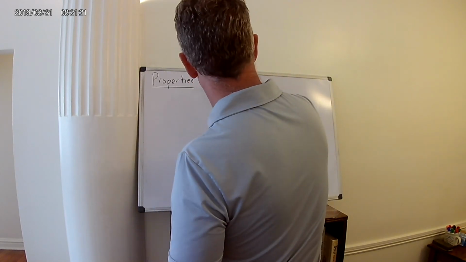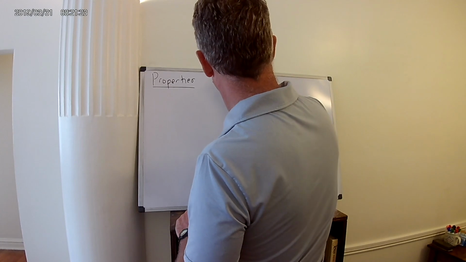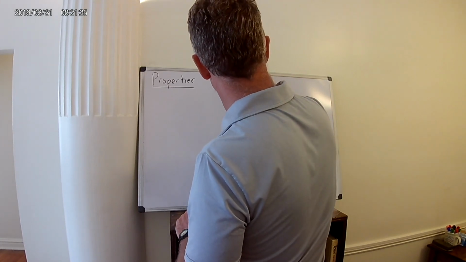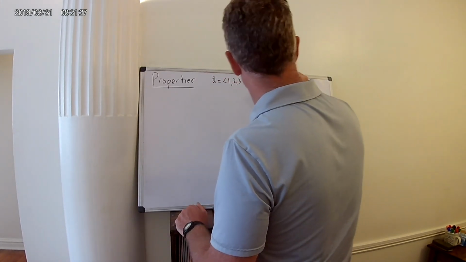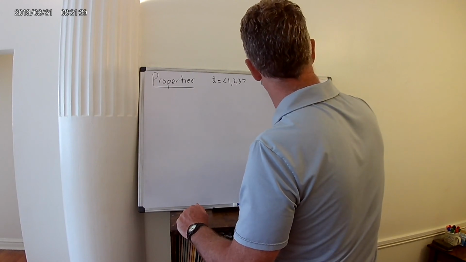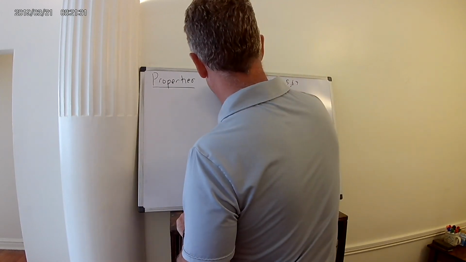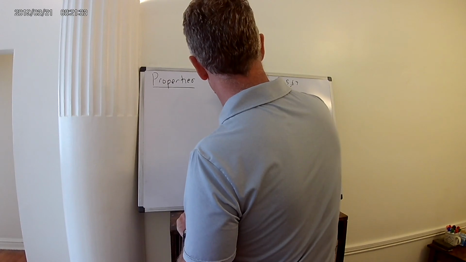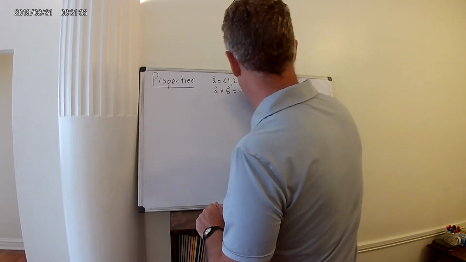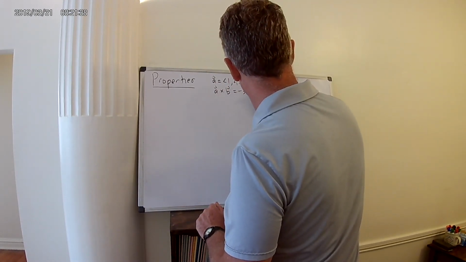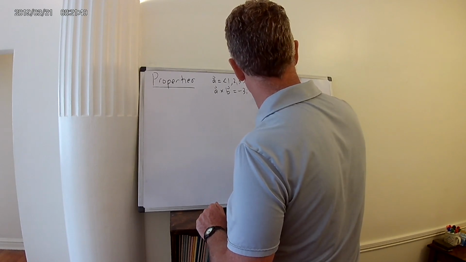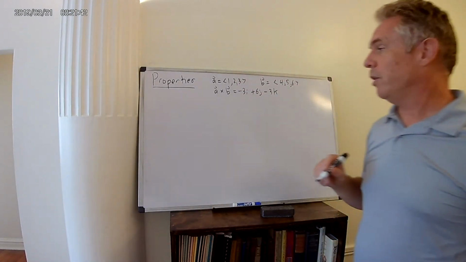A equals 1, 2, 3. B equals 4, 5, 6. And we found the cross product A cross B equals minus 3I plus 6J minus 3K. I'm going to use that in another example here.